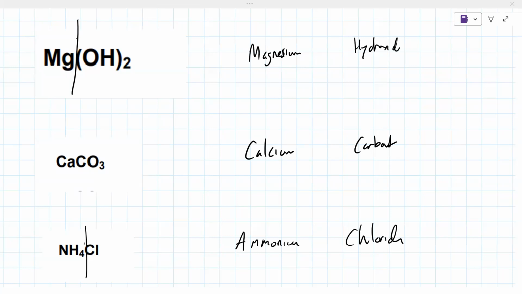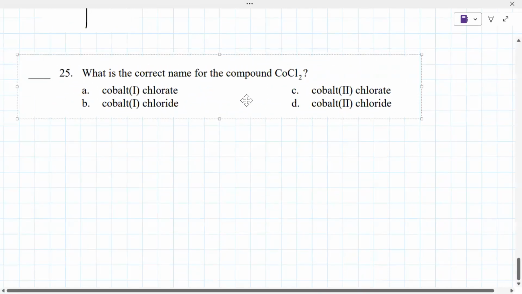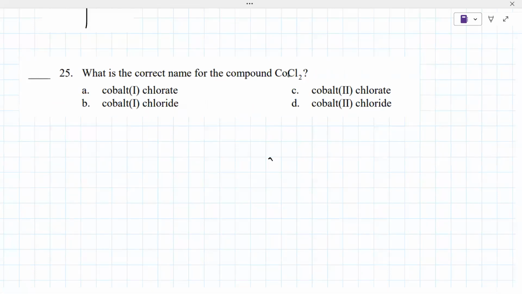So the closest I could get to this, which is not fair to give you, was we did a problem like this, cobalt chloride. Yeah, I think I have the ones that say cobalt on my sheet.